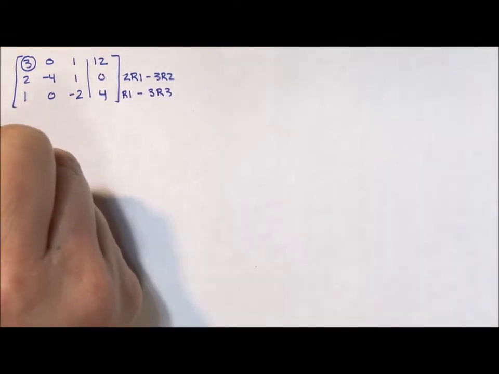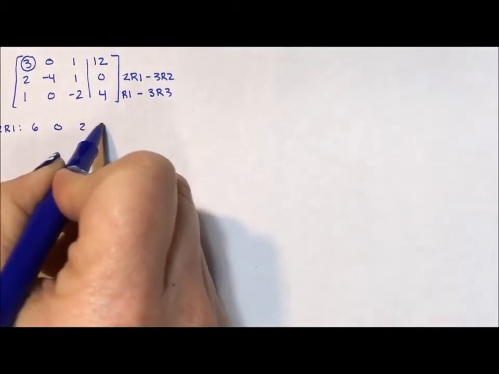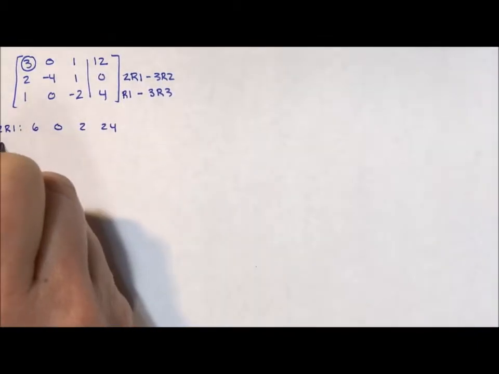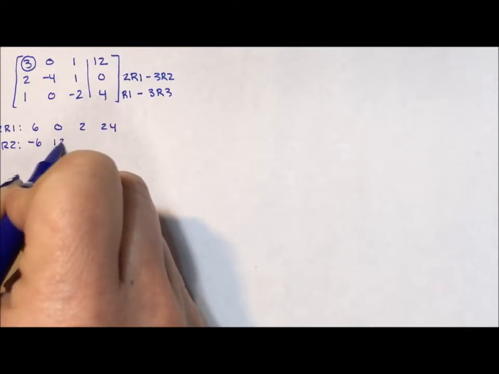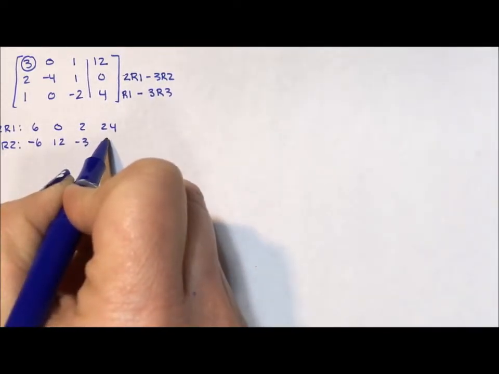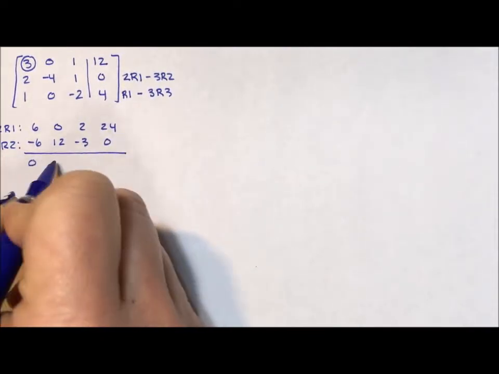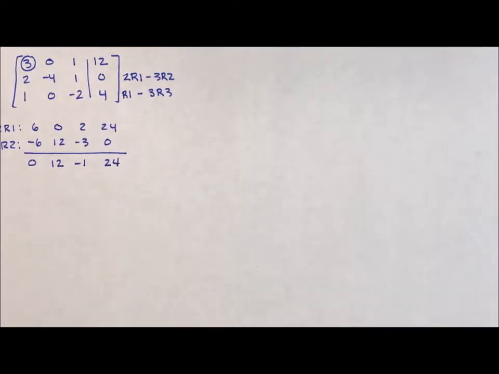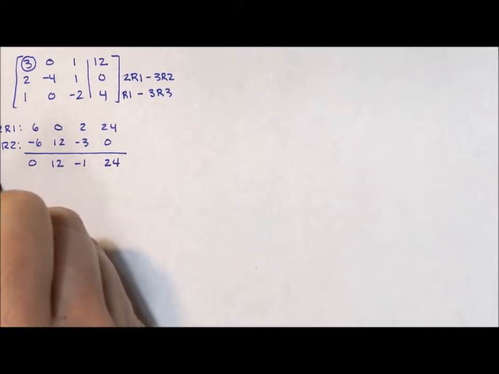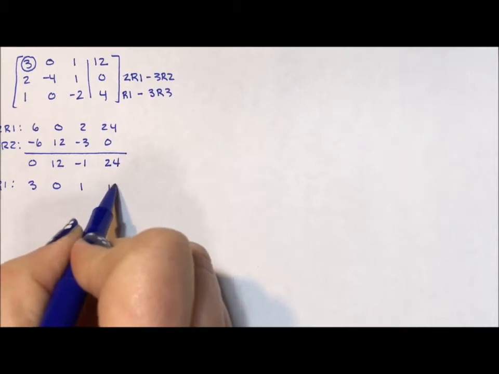Okay, so let's see if this all works out. 2 times row 1 is 6, 0, 2, 24. Negative 3 times row 2 is negative 6, 12, negative 3, 0. When I add down, I get 0, 12, negative 1, 24. Okay, then I'm going to do row 1, which is 3, 0, 1, 12.